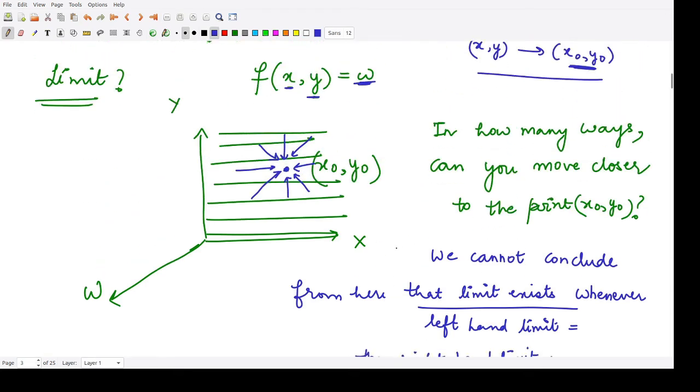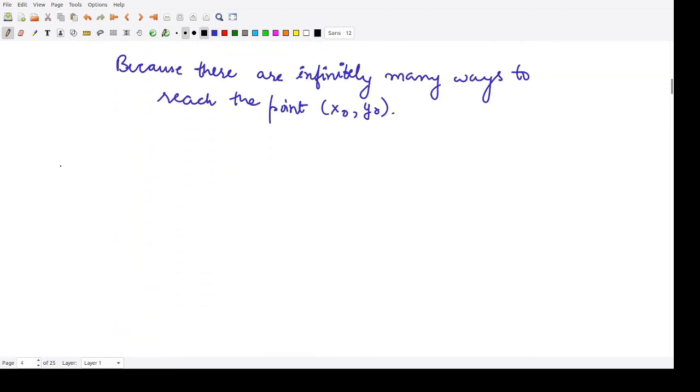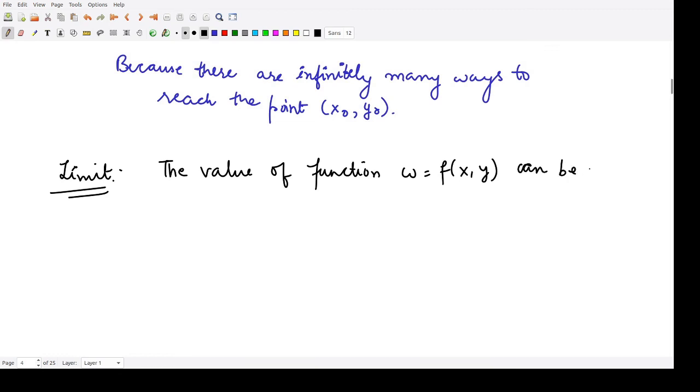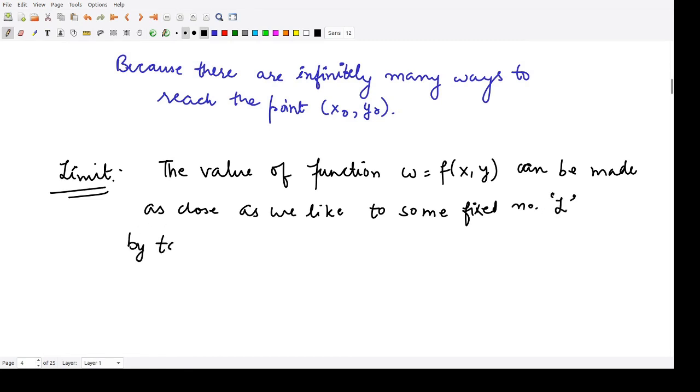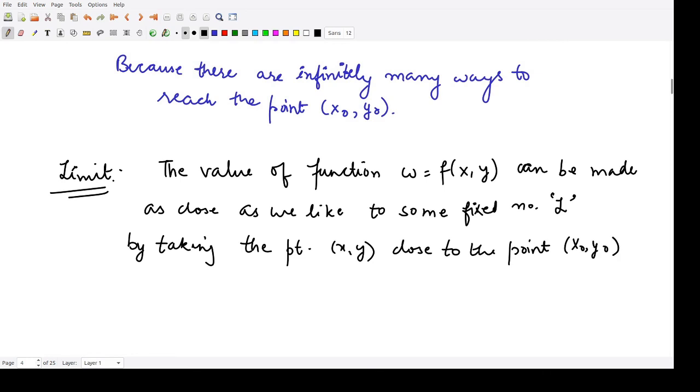So how can we say the limit of this function exists? By the definition of limit, we say the value of the function w is equal to f of x comma y can be made as close as we like to some fixed number capital L by taking the point x comma y, which is some arbitrary point, close to the point x naught comma y naught, but not equal to that particular point.